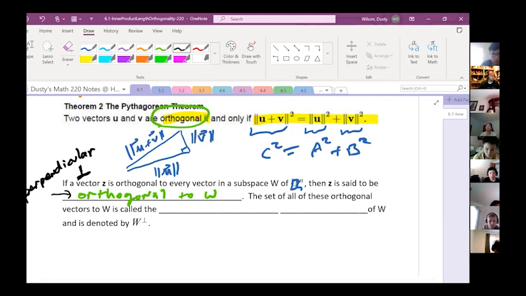So back in high school in Calc 2, you talked about perpendicular things. That was so Calc 2. Now you're cooler than that. Now you say orthogonal.